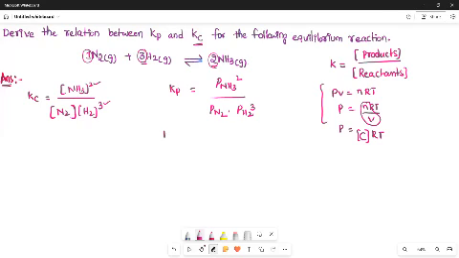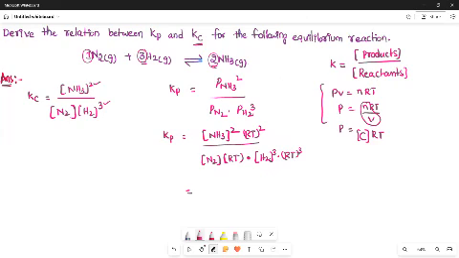So therefore, in terms of this, Kp is equal to, in place of the pressures, I would like to substitute this value. Concentration directly I am taking. Concentration of NH3 power 2 into RT power 2 divided by concentration of N2 into RT into concentration of H2 power 3 into RT power 3.